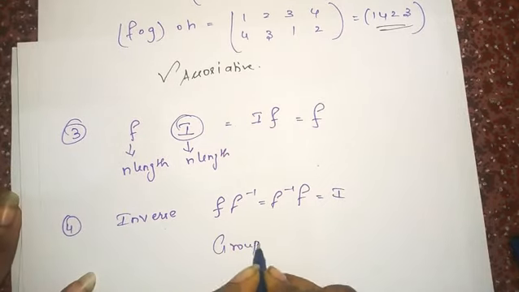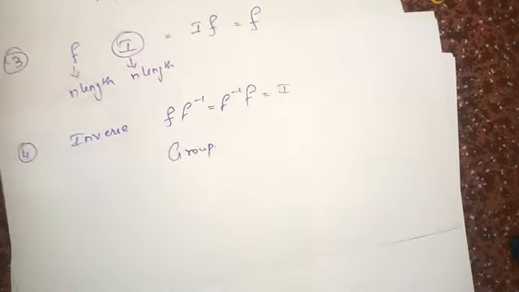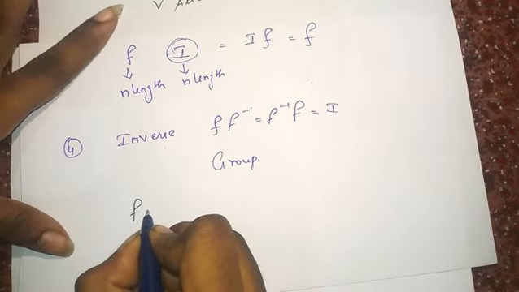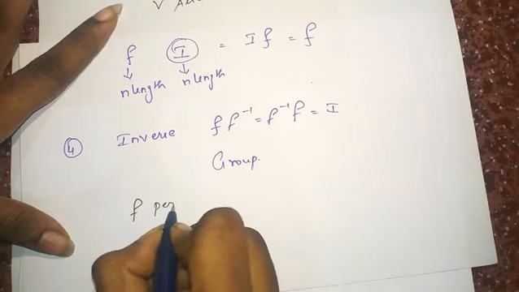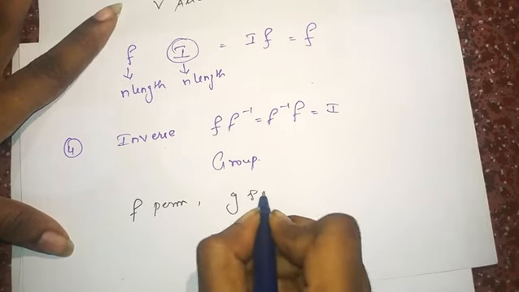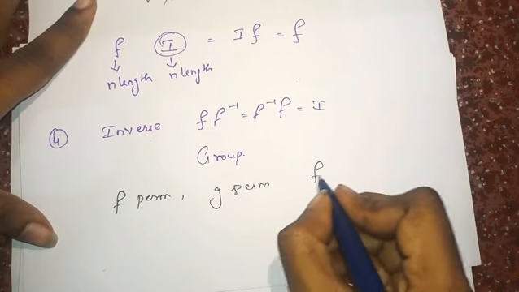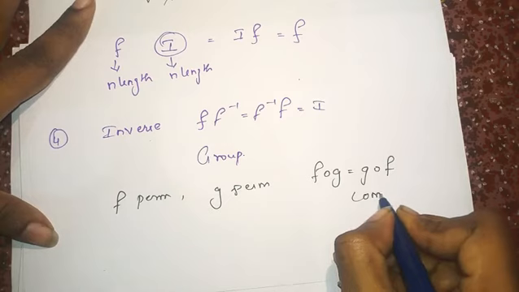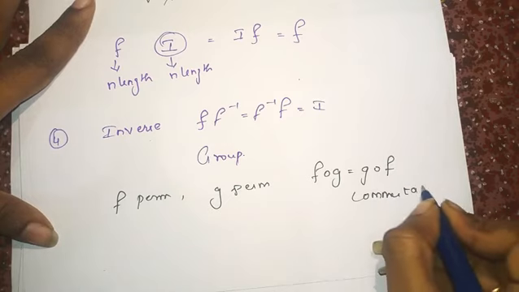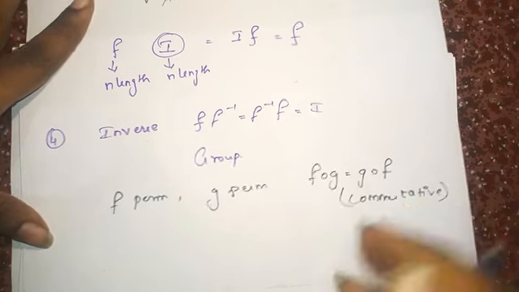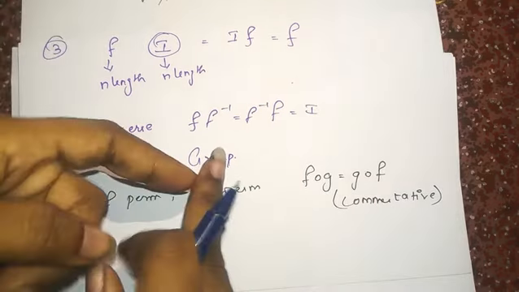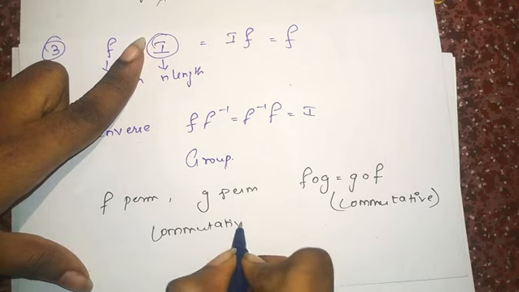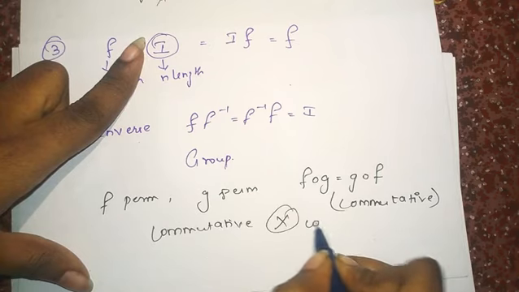Group is satisfied. Now we will go for abelian. For abelian, I'll take a permutation F and a permutation G, and I will show whether F composition G is equal to G composition F, that is the commutative property. But we have already seen that commutativity does not hold in composition.